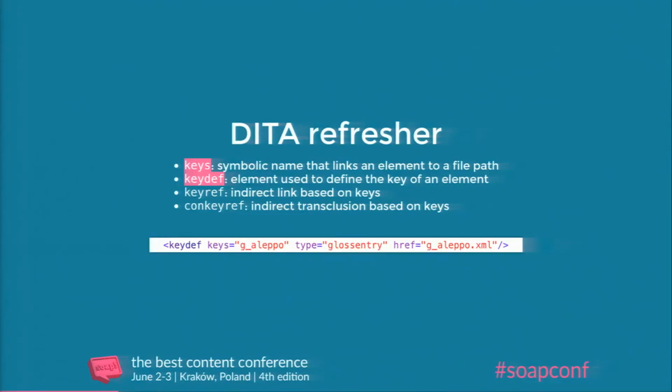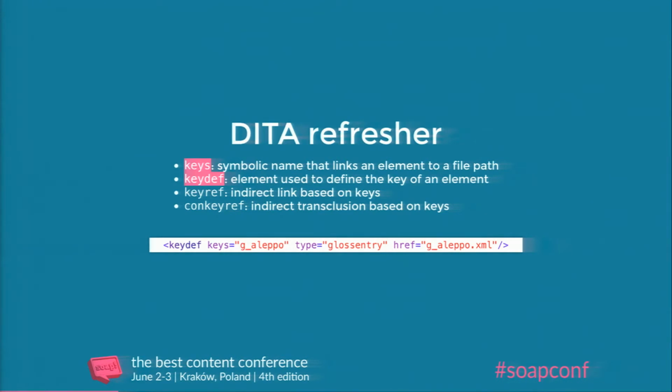So we think of a key as a symbolic name that allows us to link an element to a file path. Now, we define keys using keydef elements, as was shown on the previous slide in the DITA map.